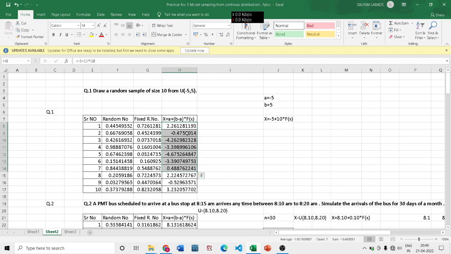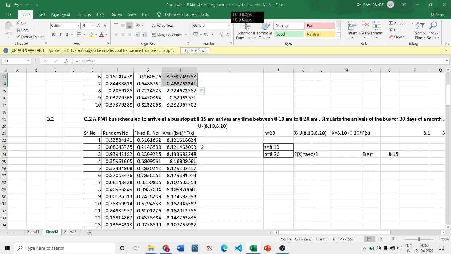If you have to check whether my generated random samples are correct or not, you simply check whether the observation lies between the parameters, that is minus 5 to 5, and here between 8.10 to 8.20. Then you can say my answer is correct. This is the simple way to check.